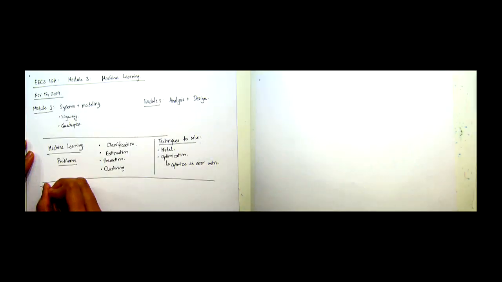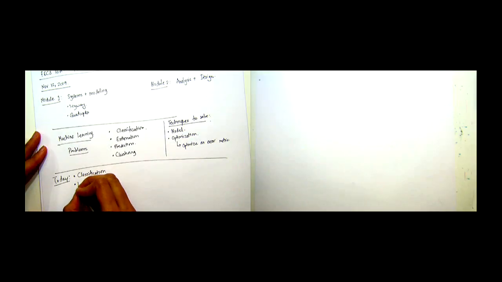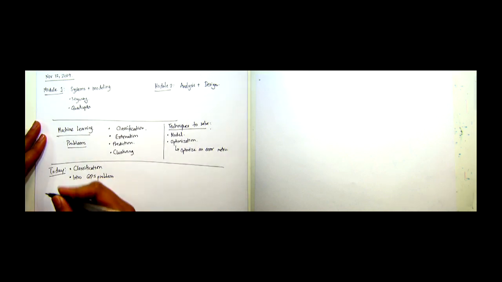So the problem for today's problem is classification. And we're going to be thinking about classification in the context of the GPS problem. So we will talk about an intro to the GPS problem. We will define what inner product means to help us do this.